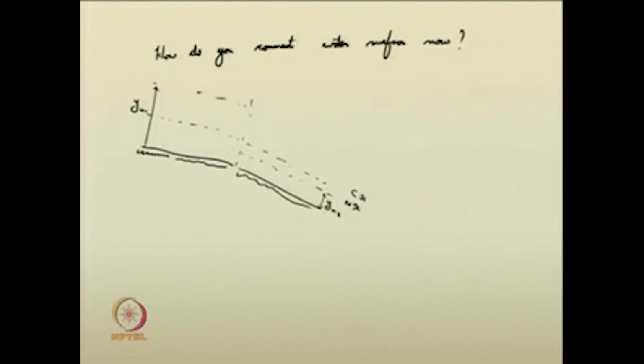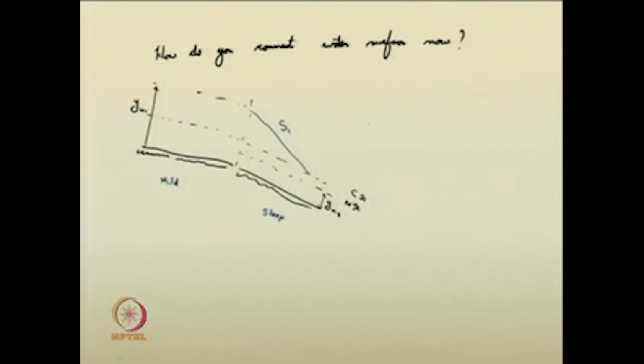So, you may possibly think of a situation where the water surface may join in the following form, that is, it is having the uniform flow up to this junction in channel 1, and then all of a sudden it decreases like this with an M1 profile. Okay, sorry, my beg pardon, this is a steep channel. It decreases with an S1 profile. Is this possible? You have to verify it.